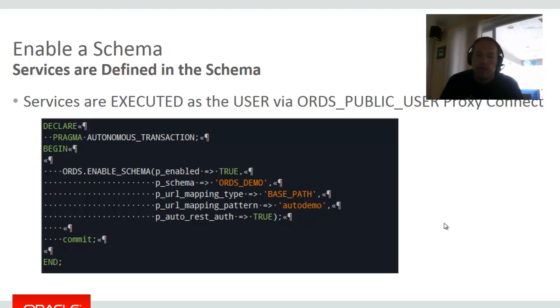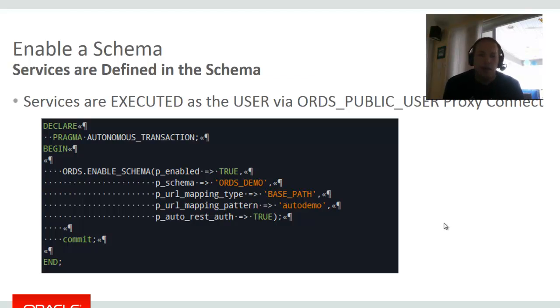So when I REST enable this user called ORDS demo, when ORDS gets a request that gets routed to this schema, it actually changes its connection to the ORDS demo user and runs everything as that user. So you inherit the privileges and what you can do in the database from that schema that's been REST enabled.